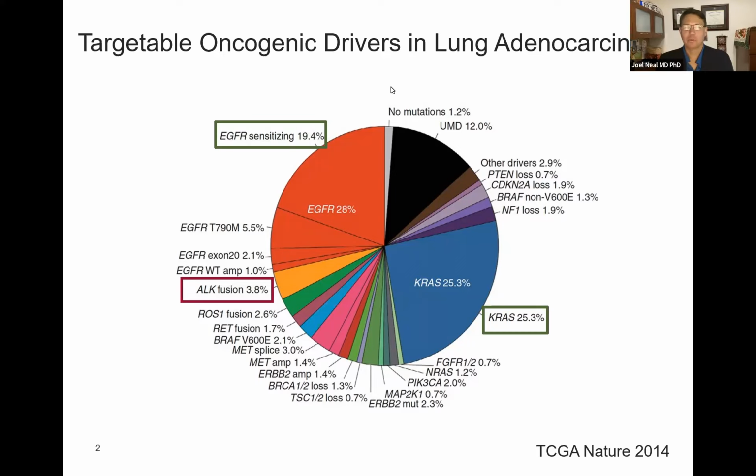And this is just what we knew in 2014, right? This is like 9 years ago. I think we'd barely scratched the surface in realizing how important all of these big gene rearrangements were. NTRK doesn't even appear to be on here, right? And MET exon 14 skips, like MET splice, they did find it in TCGA back then, but we didn't really appreciate the clinical significance for quite a while.